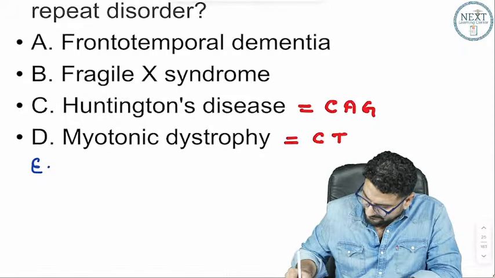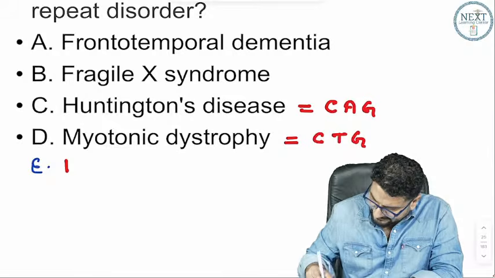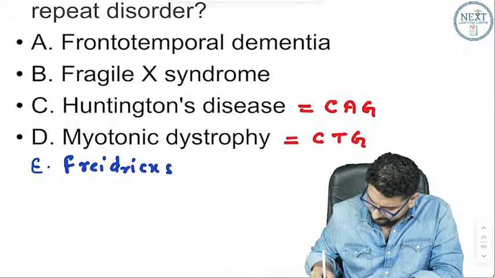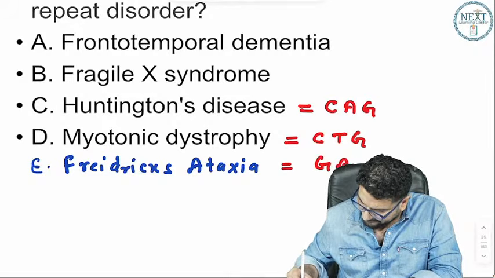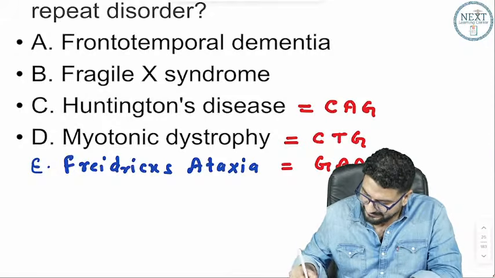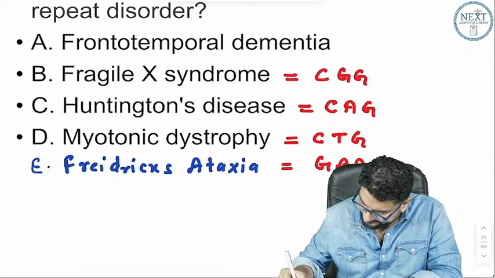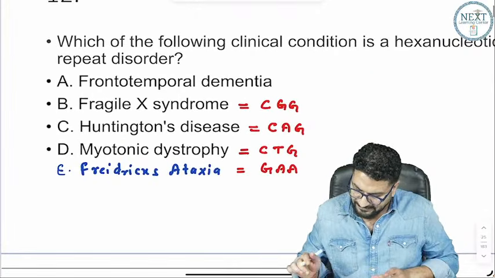Myotonic dystrophy will have CTG repeat. There's one more called Friedreich's ataxia, which will have GAA repeat. Fragile X syndrome is left now. Here you will find CGG repeat. CAG, CTG, GAA, CGG. So these are four conditions.